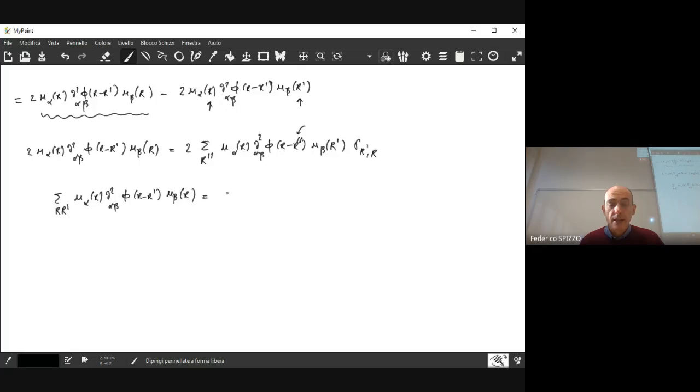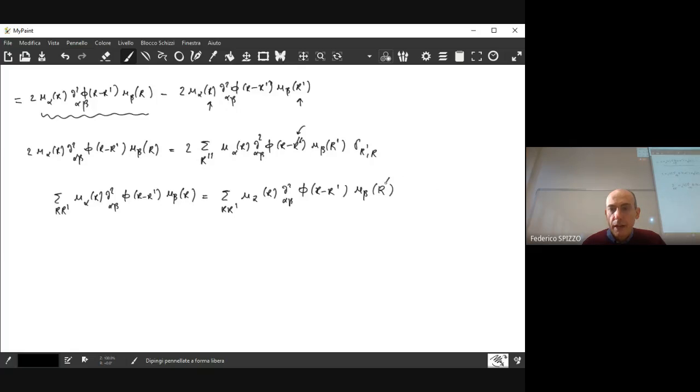So in this case, if we rewrite the things using this new approximation, we have the summation over r and r prime of u alpha of r, second derivative with respect to alpha and beta of. So this was the initial part.